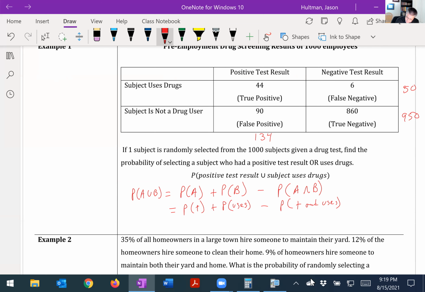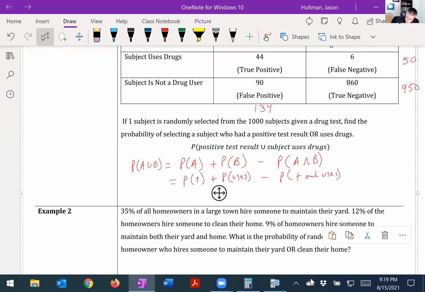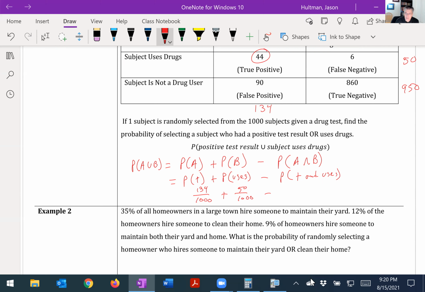What's the probability that they tested positive? Well, that's the 134 there, so that's 134 out of 1,000. What's the probability that they use drugs? That's 50 people out of 1,000. Minus the probability that they use and they're positive. These are our true positives, that 44 right there. So we're going to subtract off the 44. If I take 134 plus 50, that gives me 184.